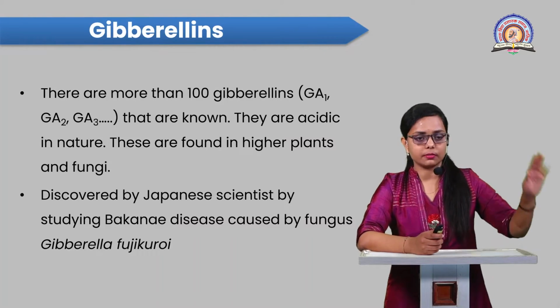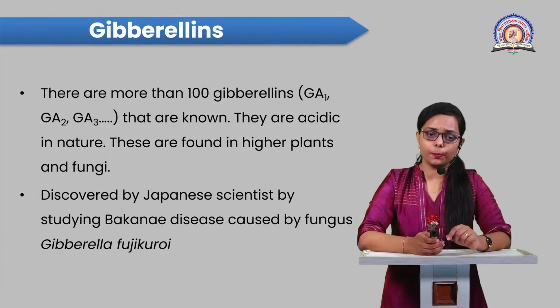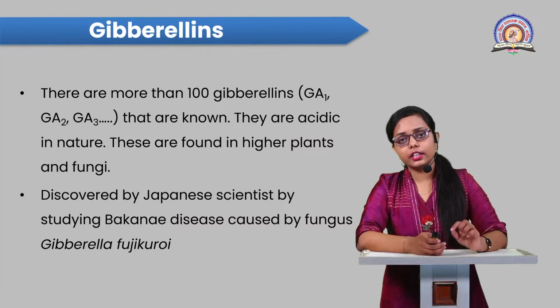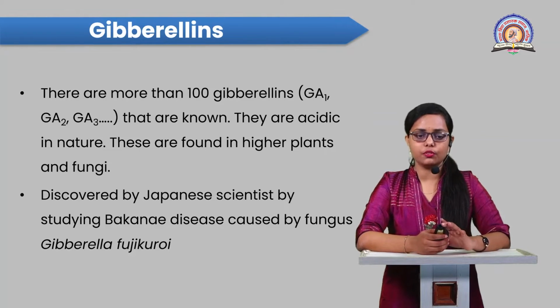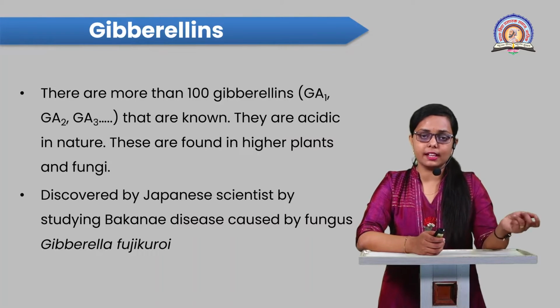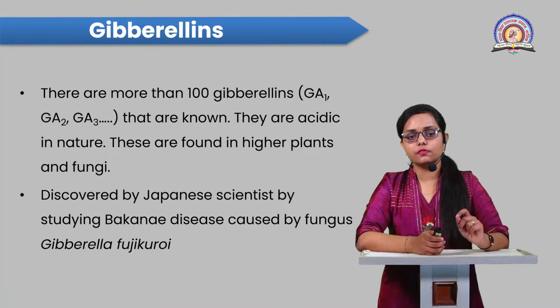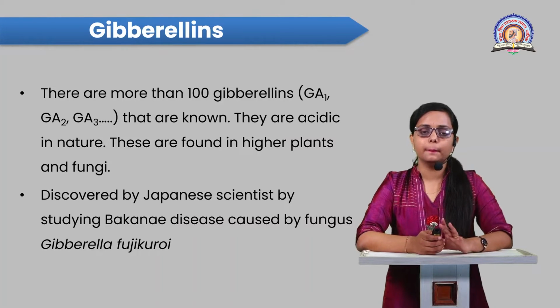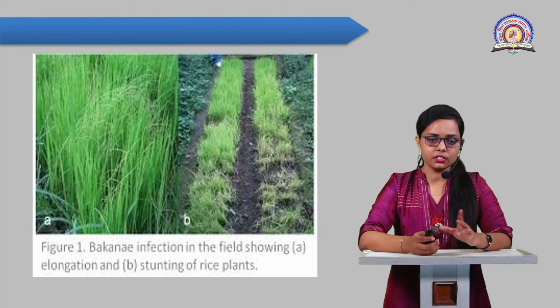When Japanese scientists observed it, there was a fungal infection on that rice plant. The fungus was Gibberella fujikuroi. From this fungus, they isolated gibberellin, which is a plant hormone and which is also present naturally inside the plant.